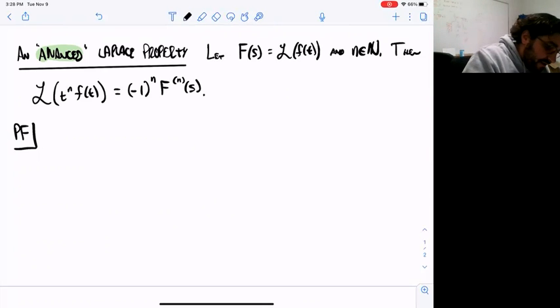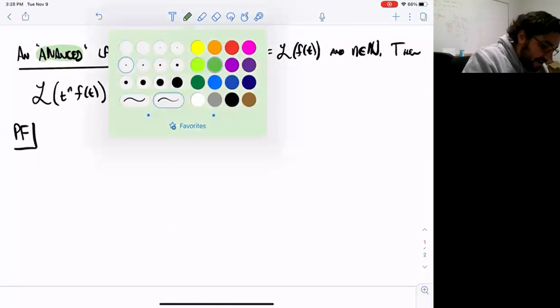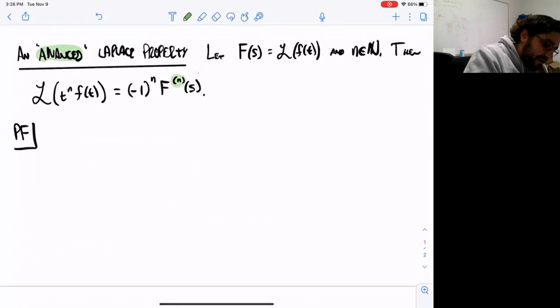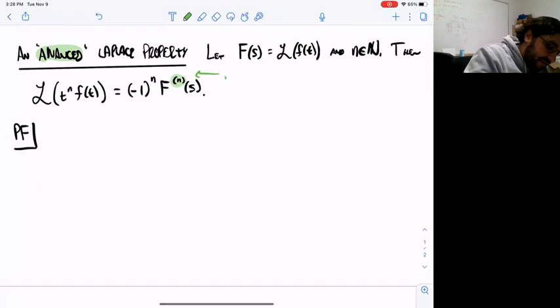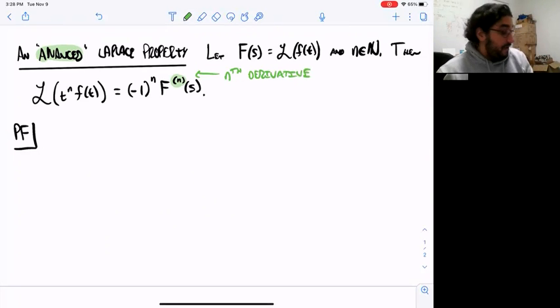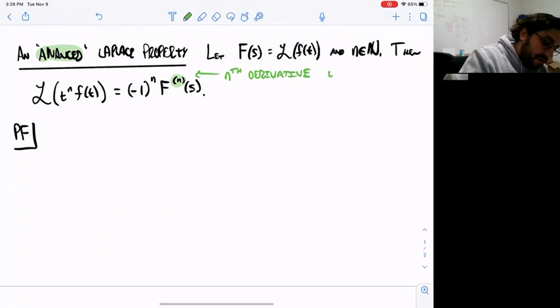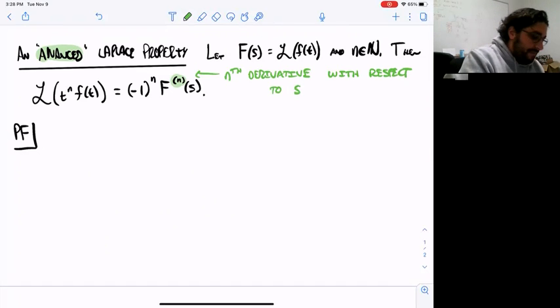And here I want to point out that this notation is not an nth power, it's an nth derivative. I also want to say what variable this was with respect to, because here we have two independent variables, t and s. Here it's an nth derivative with respect to s, just to keep track of what is going on there.